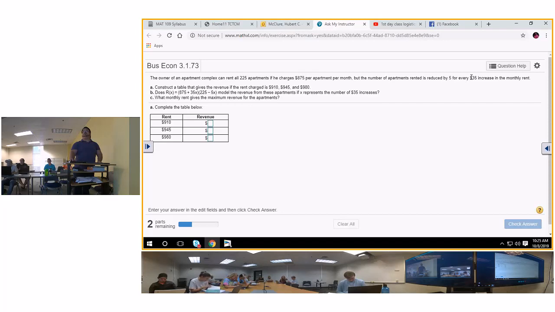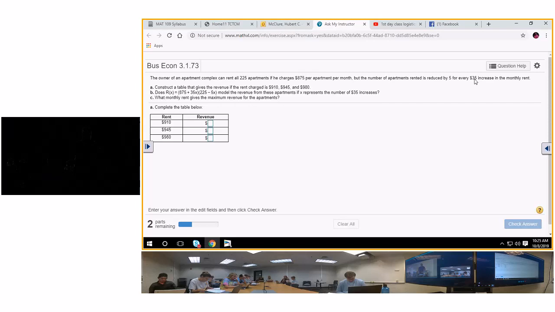Okay, so I guess we have to figure out what's the difference between these 4. Okay, there's 35. So, trying to see, where do you subtract from? Do you subtract from 225? I'm assuming. Subtract from 220. Okay, so that's going to be 225. That's going to be 220.